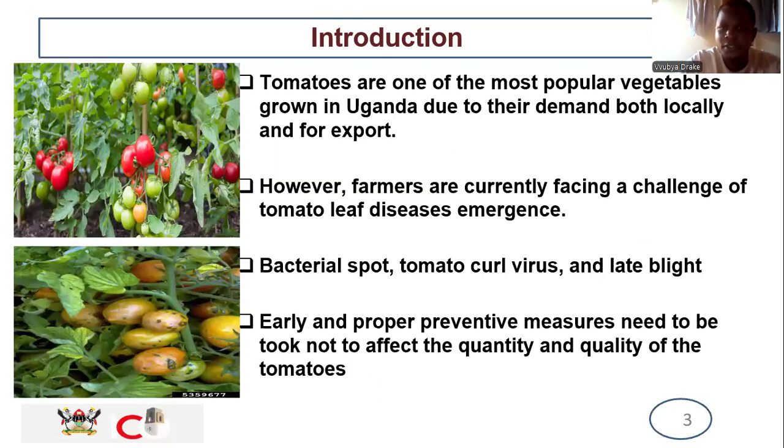Tomatoes are one of the most popular vegetables grown in Uganda due to their high demand, both locally and for export. This has led to many farmers being involved in the growth of tomatoes. However, these farmers are currently facing a challenge of leaf disease diagnosis, with outbreaks of tomato leaf diseases like bacterial spot, tomato curl virus, and late blight, among others.